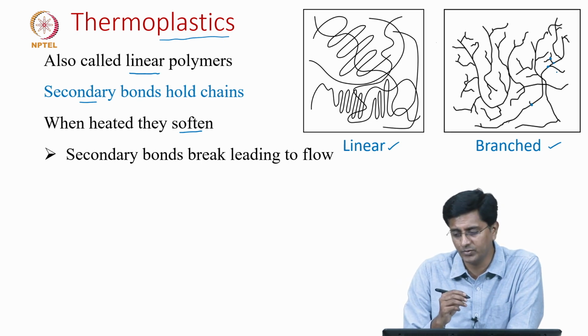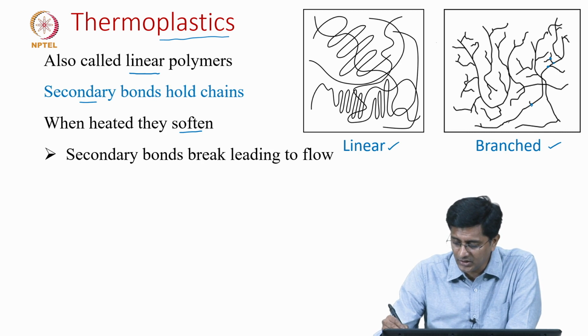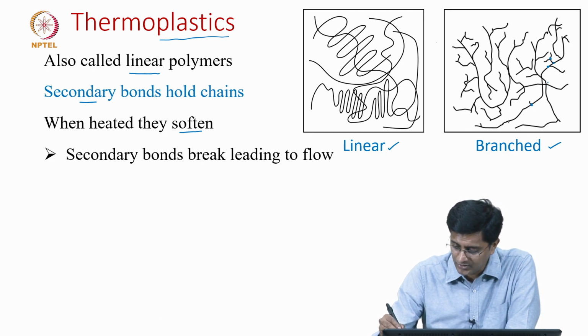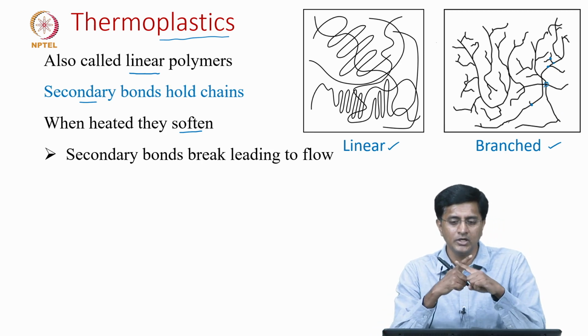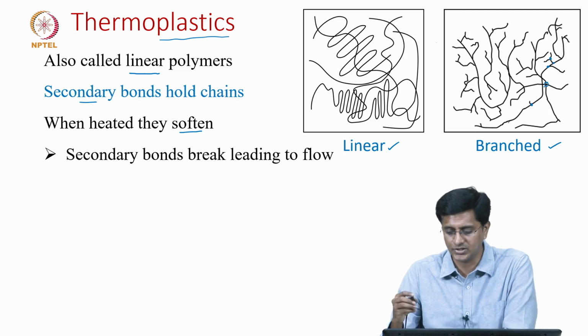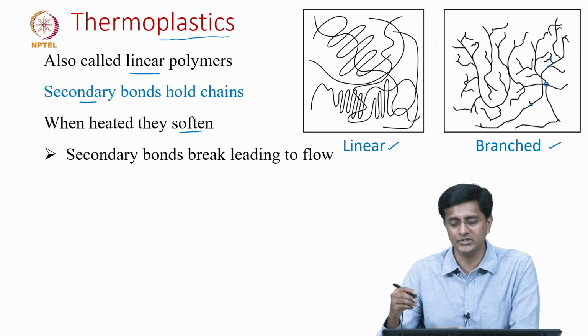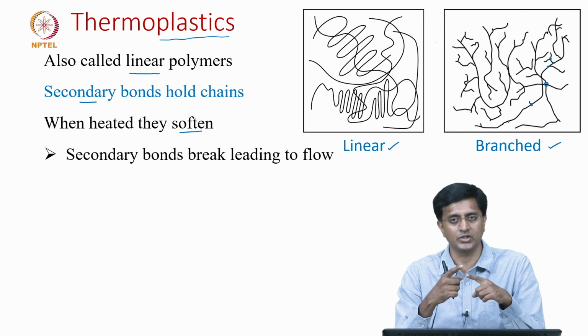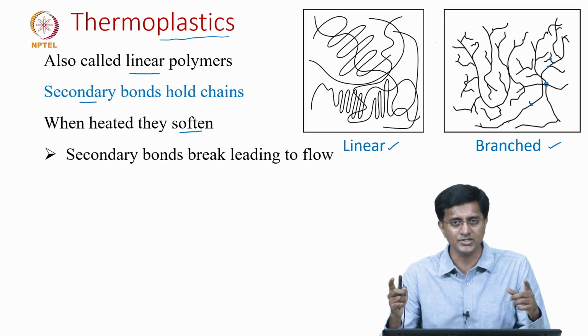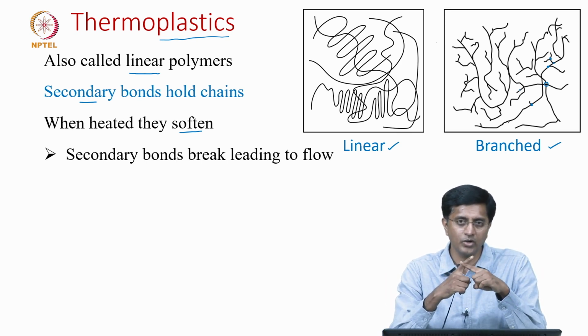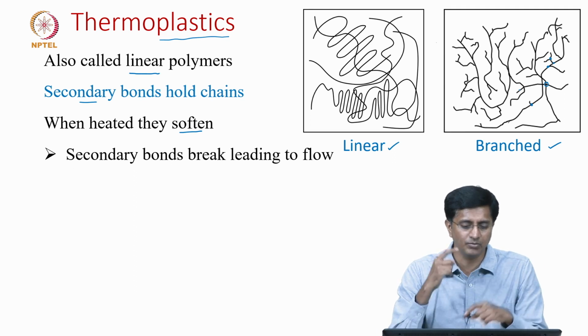But what is to be noted is, in addition to these trifunctionalities, there are also secondary bonds. Crossover here is a secondary bond, meaning a low energy bond between these chains. That is what is holding these branches together. So there are many branches, but these branches are held together using these secondary bonds.